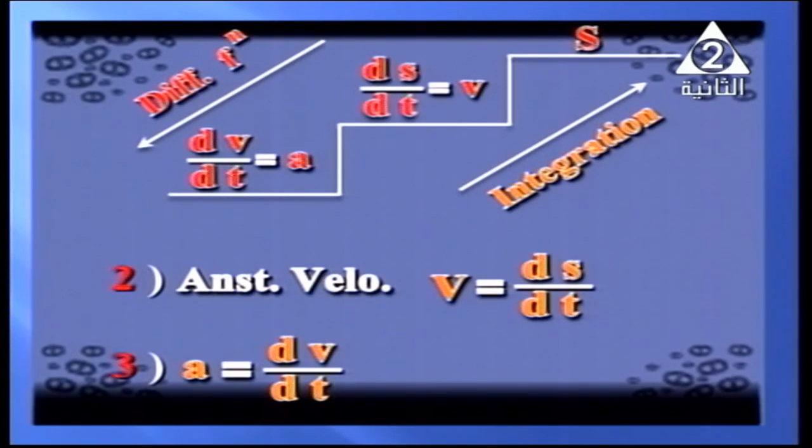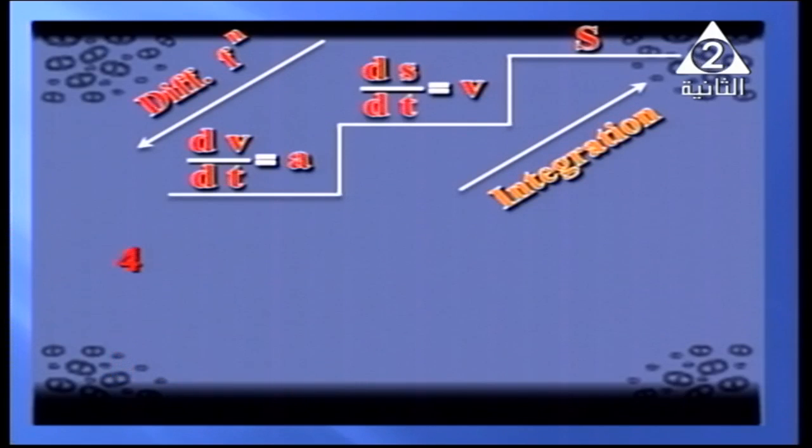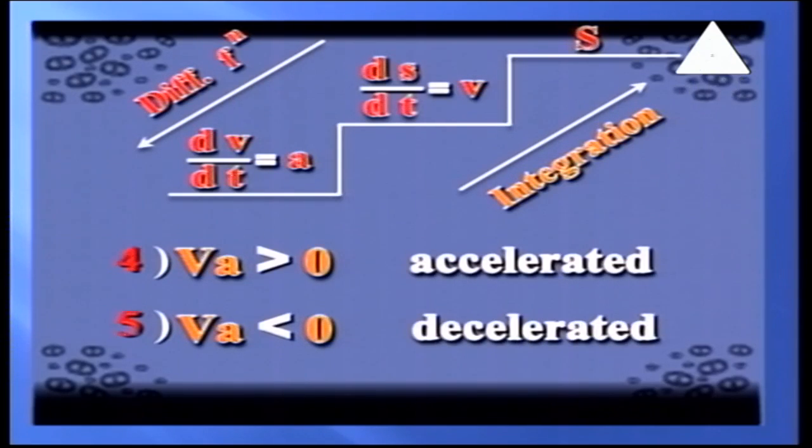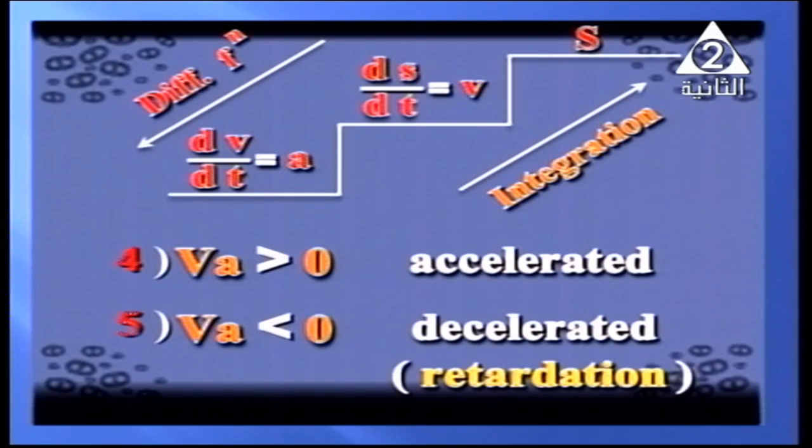Look at, when V times A is more than 0, the product of the velocity and the acceleration is more than 0, this is accelerated motion. But when V times A is smaller than 0, the motion is decelerated or retardation. This is an important rule. We have two types of motion: accelerated motion and decelerated motion.